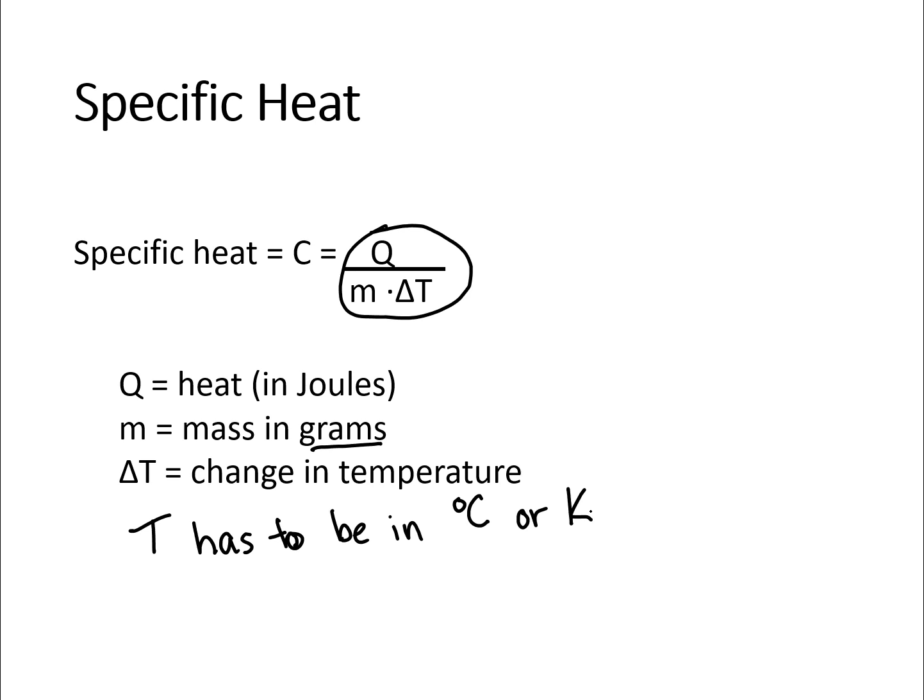Doesn't work any other way. Fahrenheit, you're going to have to change to Celsius in order to use this equation. This equation is built on using one of these 2 units, okay? So I wanted to point that out to you to make sure you don't get got.